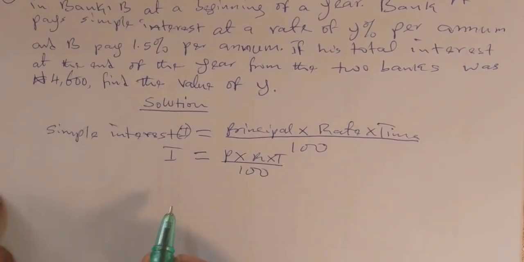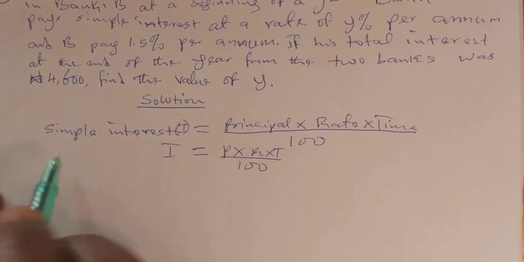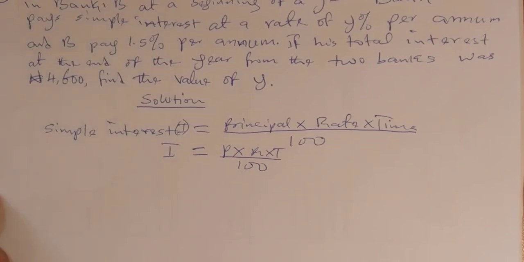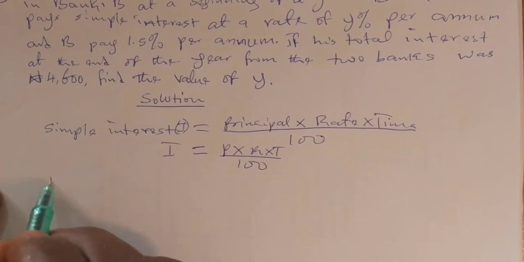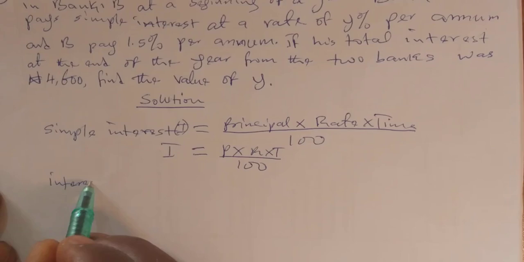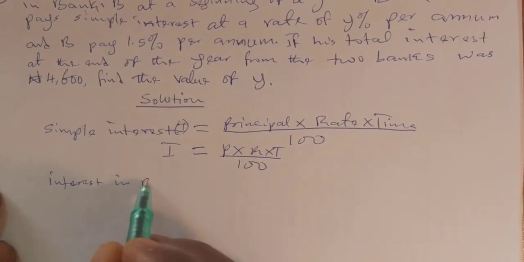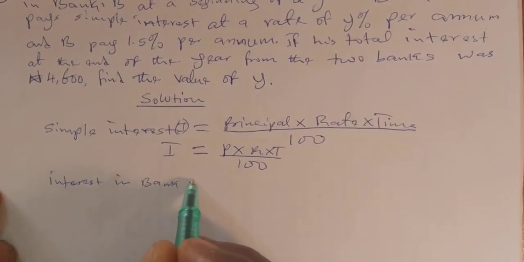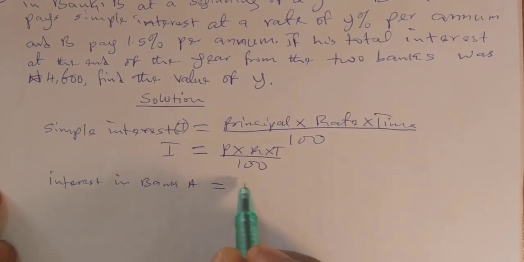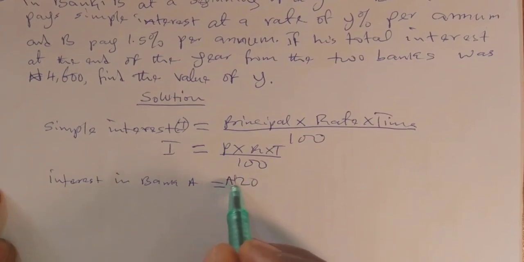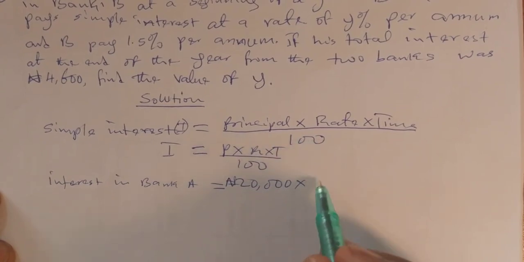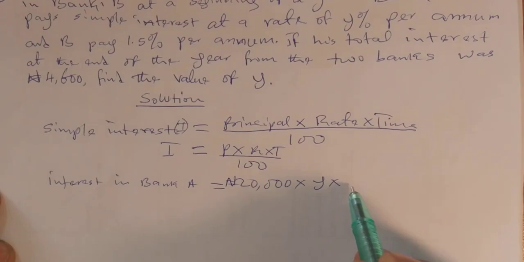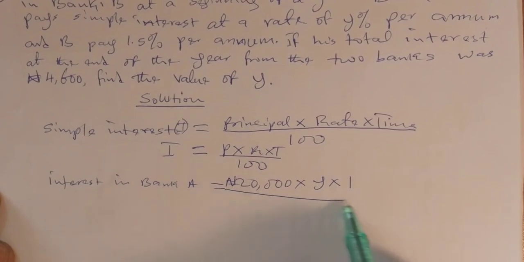Now, if you follow me to this, from the first sentence given in the problem, the man invested 20,000 in Bank A. So the interest in Bank A will be equal to, the principal amount is 20,000 naira, multiplied by the rate given there, which is Y, multiplied by the time, which is per annum, so definitely that will be 1, since it is only 1 year.